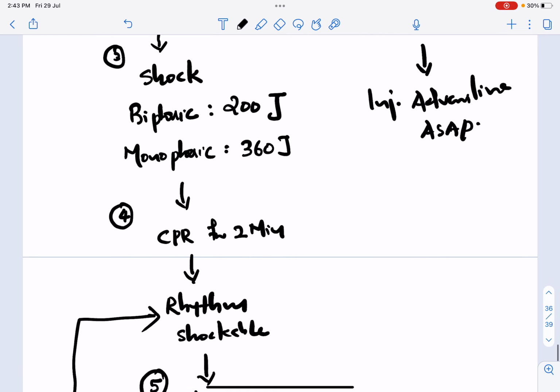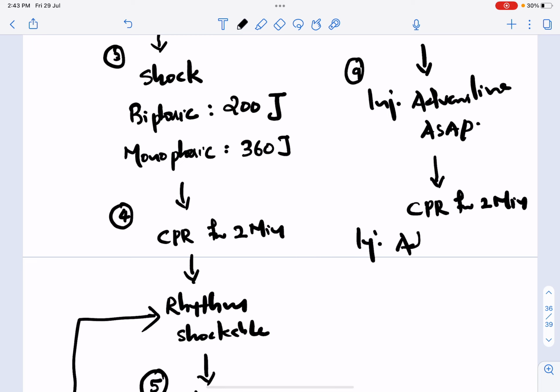And that's our 9th step. You have to go on with your CPR for 2 minutes. And again, here also you have to consider injection adrenaline or epinephrine 1 mg IV every 3 to 5 minutes.